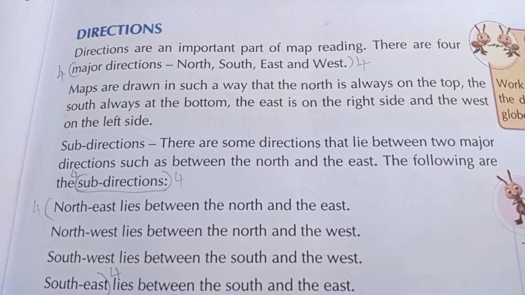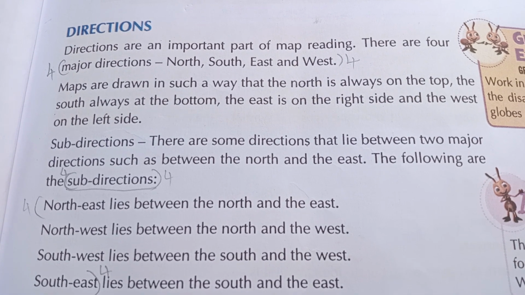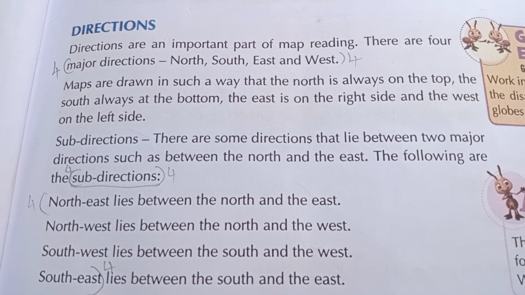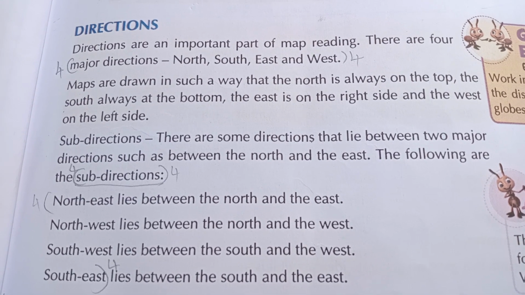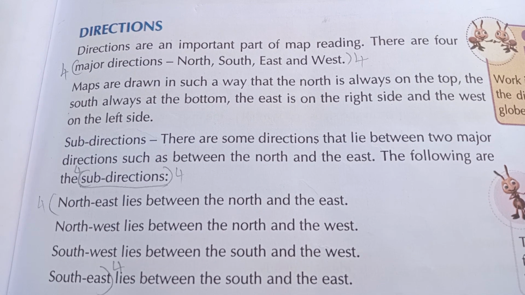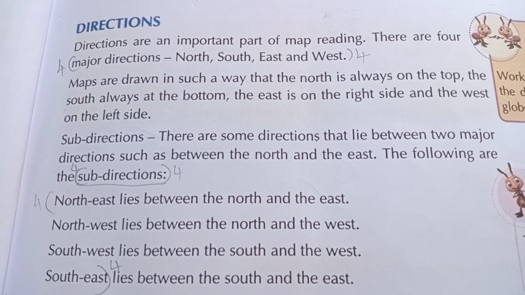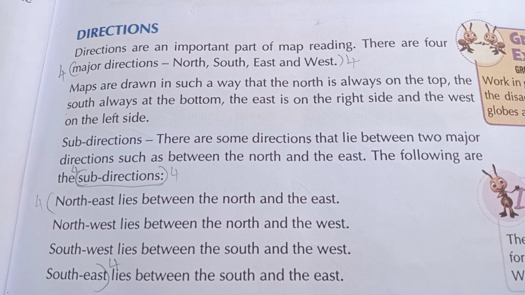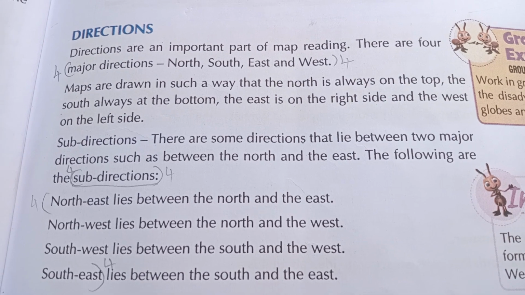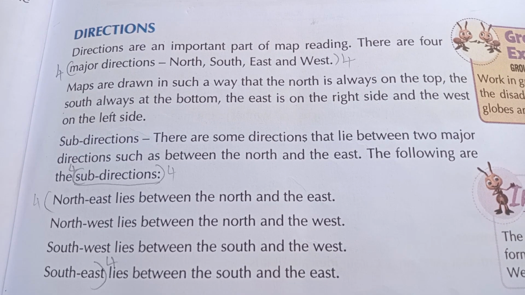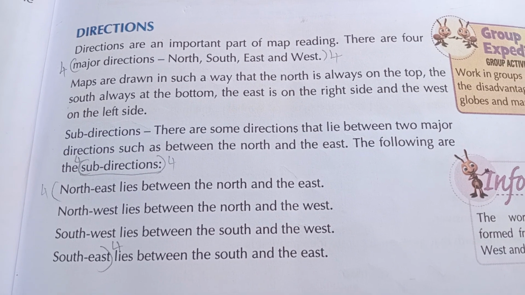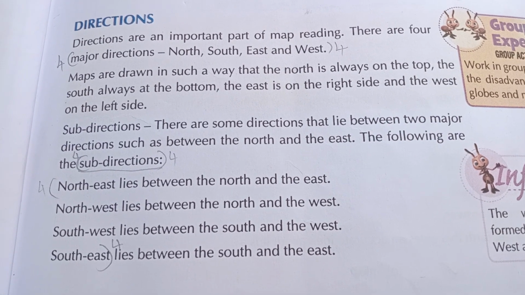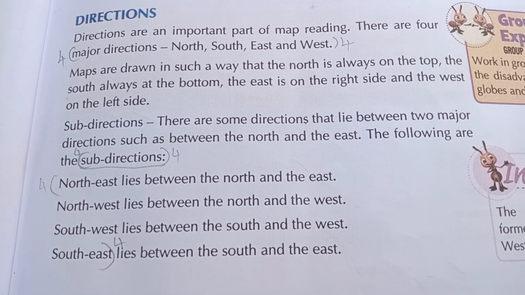Maps are drawn in such a way that north is always on the top, the south always at the bottom, the east on the right side and the west on the left side. Sub-directions. There are some directions that lie between two major directions, as between the north and the east. The following are the sub-directions.